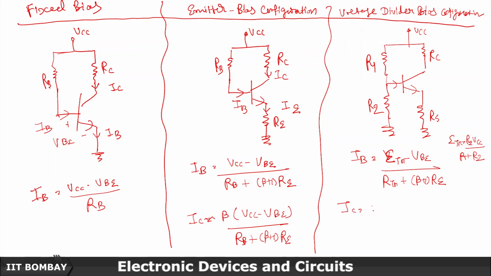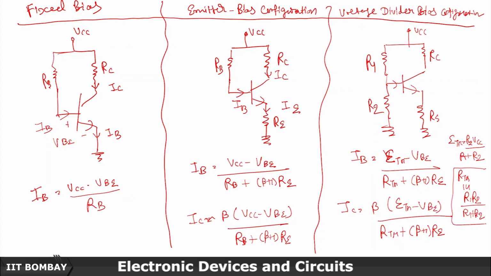So IC here becomes ETH minus VBE divided by RTH plus (beta plus 1) RE. And here RTH is equal to R1 R2 divided by R1 plus R2.